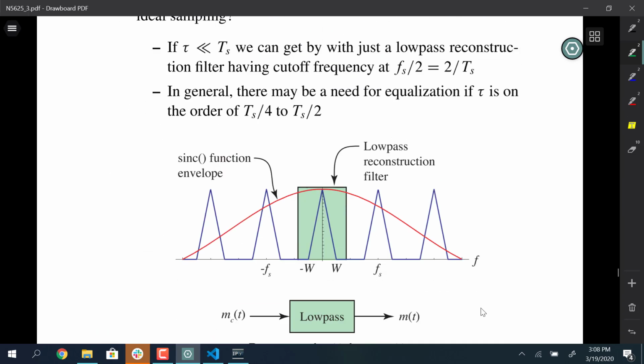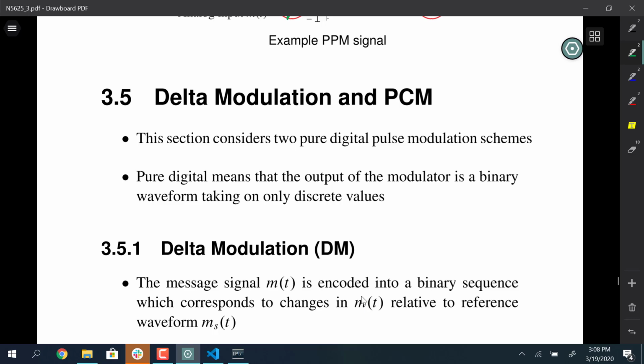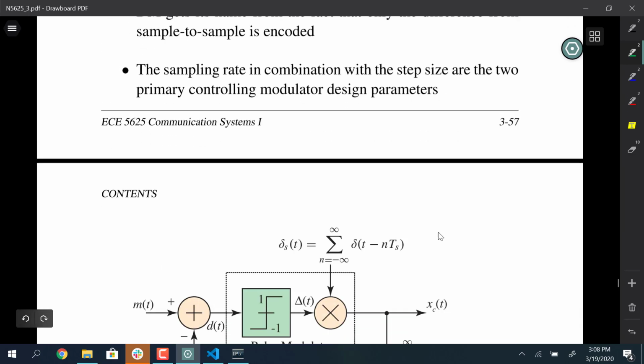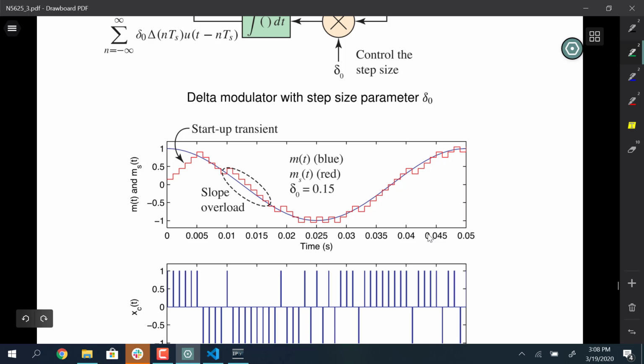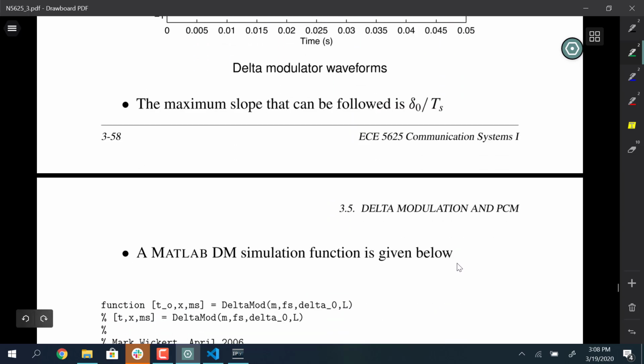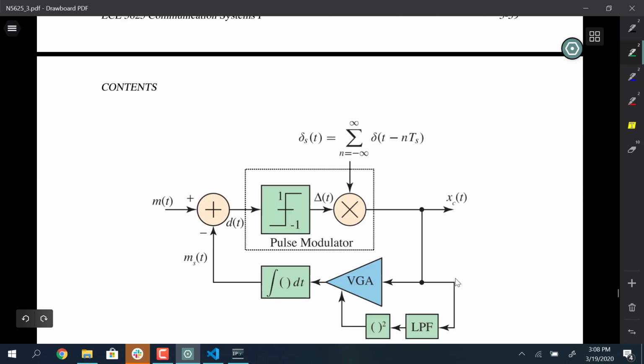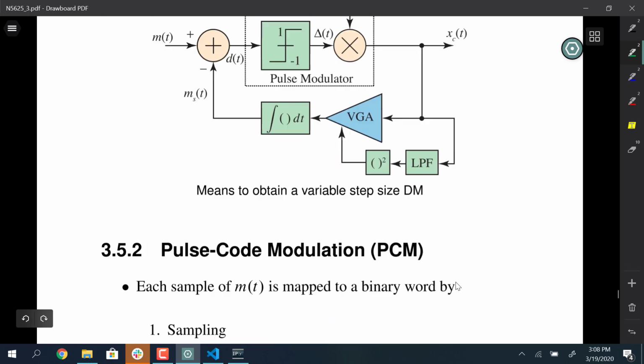We talked about sampling theory, of course, on Tuesday. We went through some of these pulse modulation types, most of which are not all that popular anymore. Pulse width modulation is very popular in robotics and motor control, but not so much for communications. Delta modulation used to be used in analog telephony, where we wanted to digitize.